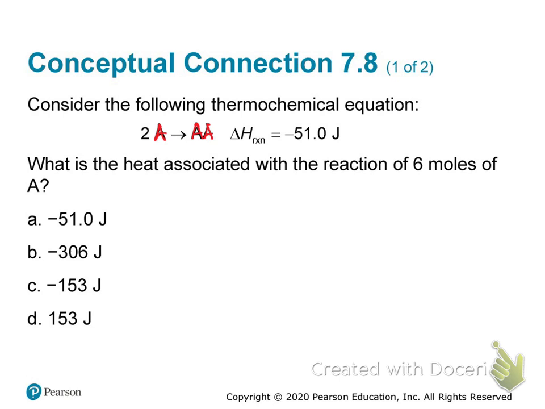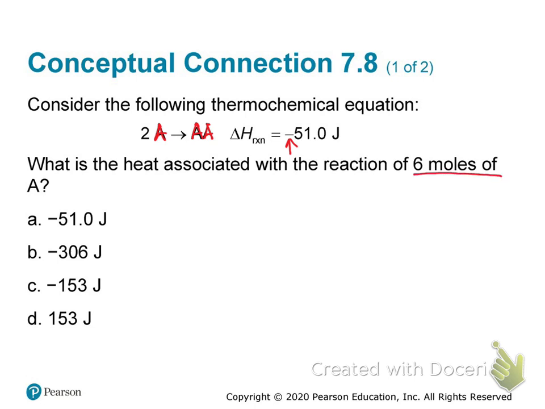And this reaction is exothermic, and it produces 51.0 joules of energy. Every time we have 2 moles of A transformed into AA, we have 51 joules released. What is the heat associated with the reaction of 6 moles of A?